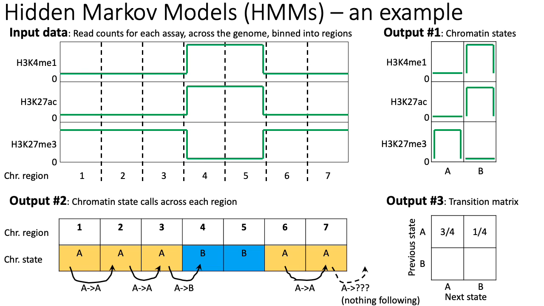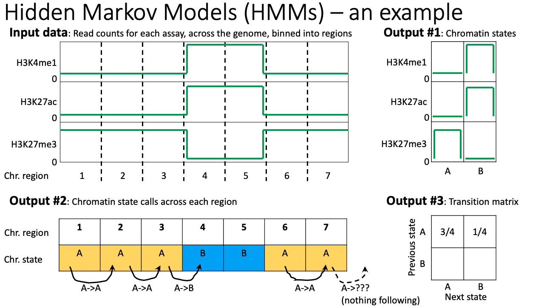So for chromosome regions 1, 2, and 6, those regions are state A, and the next state over is also an A. Whereas region number 3 is called as state A, but the next one over is actually a state B. The final region we can look at is number 7, which is an A, but there's nothing after it, because region 7 is the end of the chromosome, so it can't contribute to this transition matrix calculation.